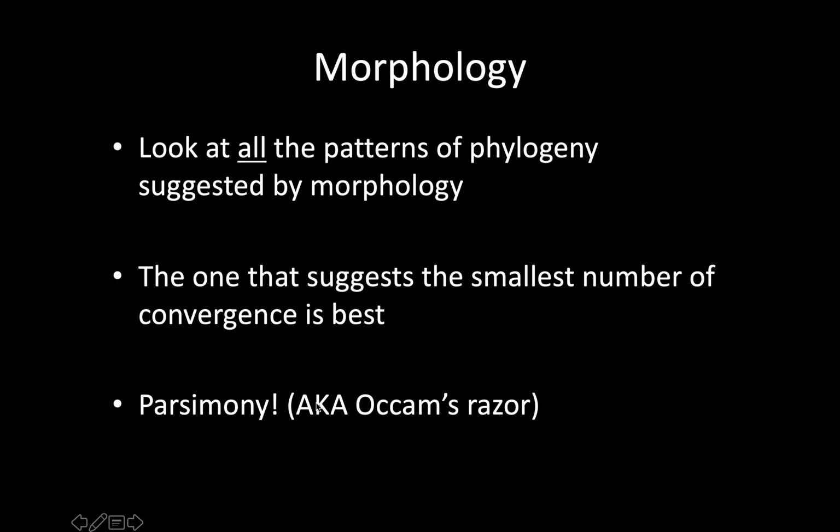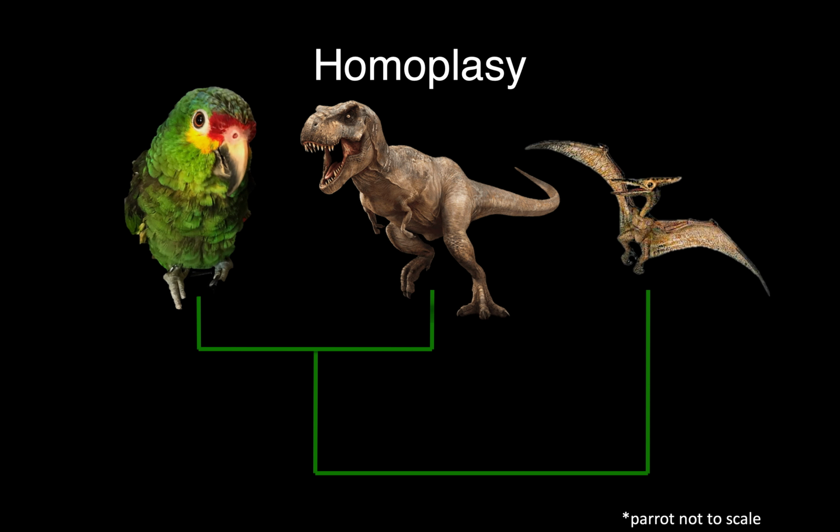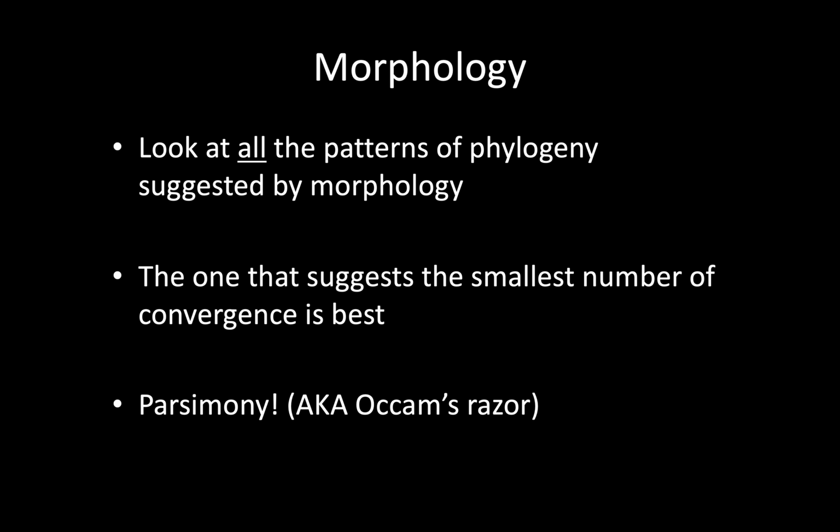So morphology here. What we do is we look at all of the patterns suggested by morphology. So I take into account, for example, in this particular slide right here, the shape of the beak, the shape of the neck, the number of vertebrae it has, the number of ankle bones, all of the possible patterns that we can see.